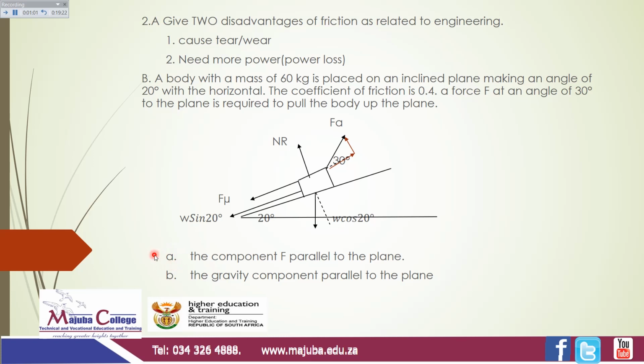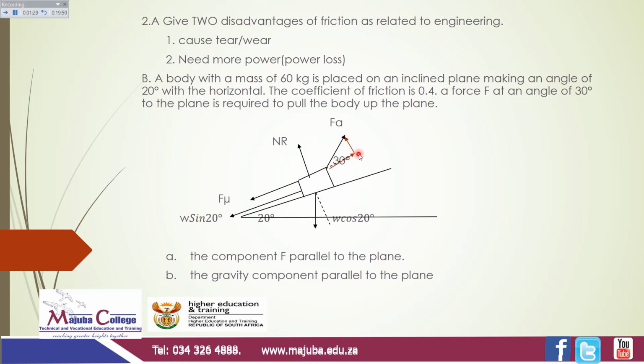So, what do we need to calculate? The component of F parallel to the plane, and the gravity component parallel to the plane. So, if you've got the pulling force FA, and it is making an angle with the object, you will do the construction as we've done before.